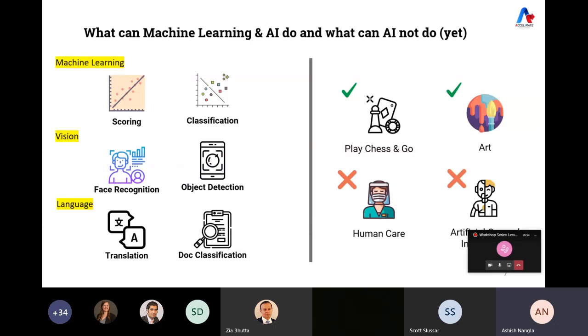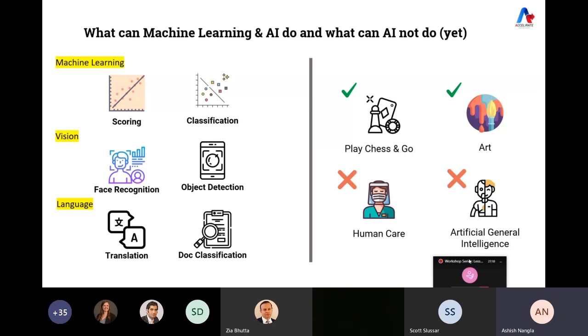The other biggest point with the feasibility of AI and machine learning is what machine learning can do today for you. What technologies are really accessible? Can we do typical things like facial recognition and translation? Absolutely.